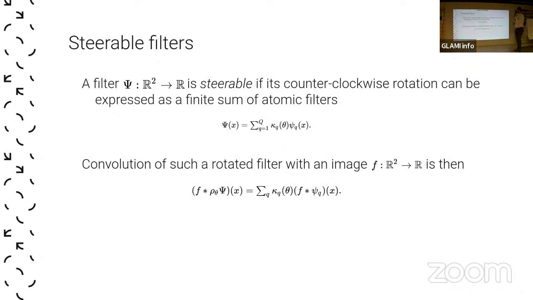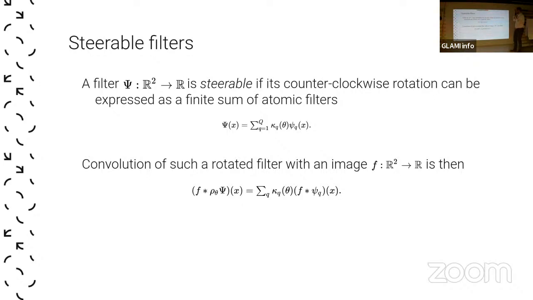And so there's a little bit of theory here. I don't think that I should go too much into it. And the idea is, so the first thing that we need for constructing steerable filters is to say what we mean by steerable filter. And we're going to call a filter steerable if it can be expressed as a finite sum of atomic filters for convolution.